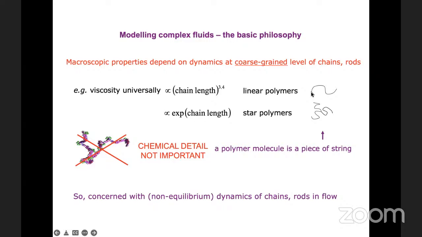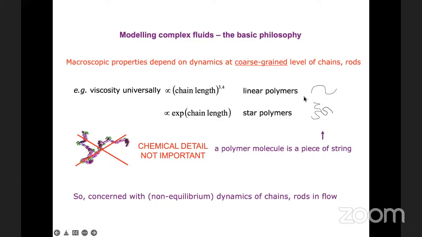So you can have polyethylene, for example, that's lots of ethylene monomers grafted together, polybutadiene, polyisoprene, and so on. And the idea is that the viscosity then only depends on the macroscopic properties at the level of the overall chain, independently of the chemical detail of whether you've got butadiene or whether you have ethylene monomers.